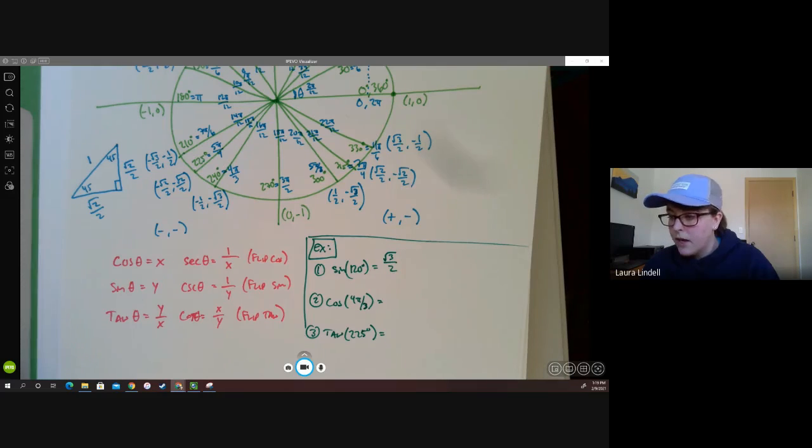All right, so then cosine of 4 pi over 3. Anyone think they know cosine of 4 pi over 3?